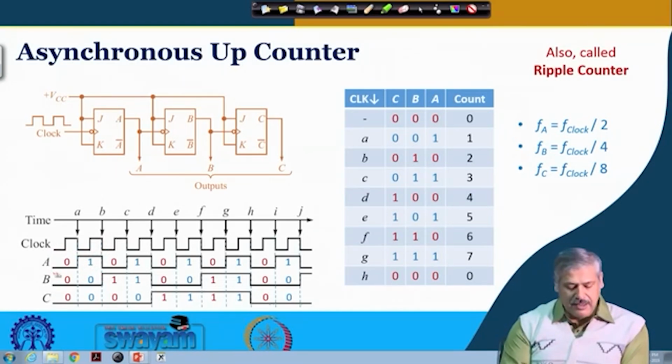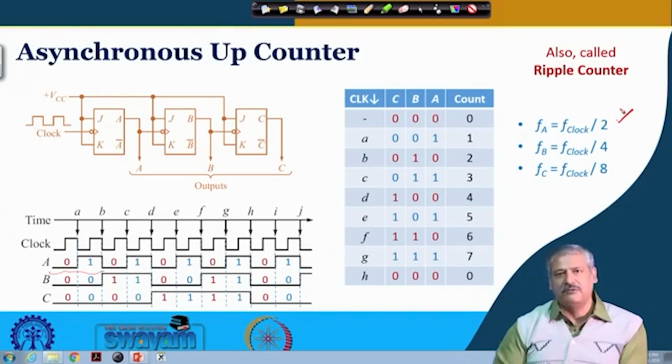So 1 period of A is twice the clock period; 2 clock periods are consumed in 1 cycle of A. Frequency wise, for every 2 cycles, 1 cycle of A is seen. So the frequency of A is half of the clock.